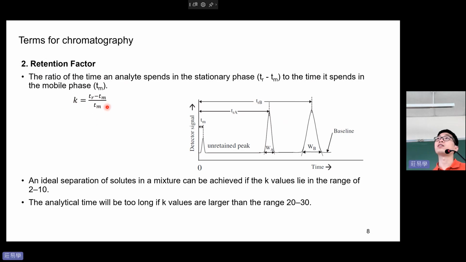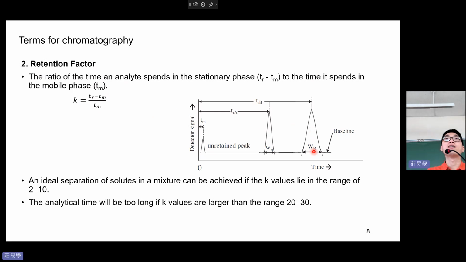So what does a large K mean? Does the compound have high affinity or low affinity with the stationary phase? Let me put it this way. Comparing compound A and compound B, which one has a larger K?